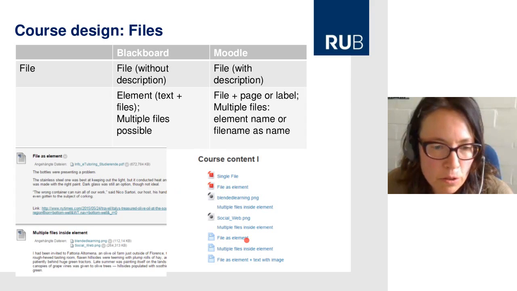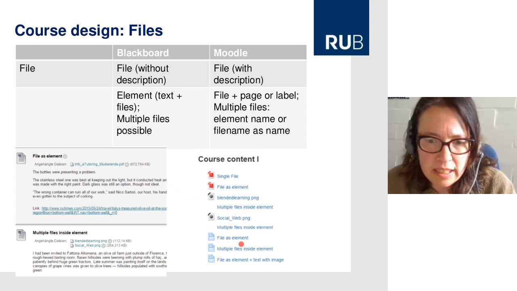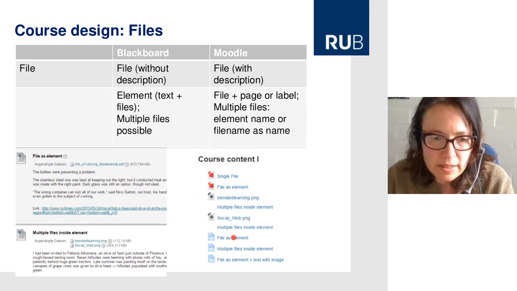This is, of course, a good thing to do, to use a page element, because if you put the text inside the section and show it embedded, again, if you have a lot of elements or documents in your course, it gets very long, and you have to scroll a lot, and it doesn't look very ordered.